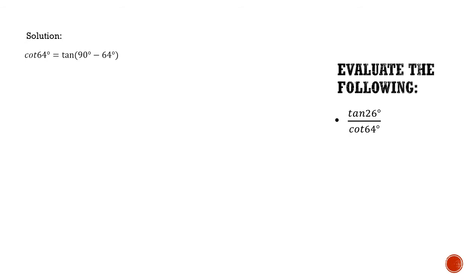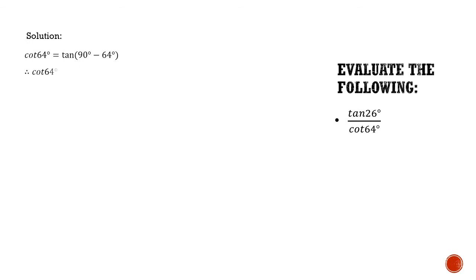Using the concept which we just did, I am writing my cot 64 in terms of tan, because we know that cot A is equal to tan(90 minus A), right? So cot 64 is equal to tan(90 minus 64).